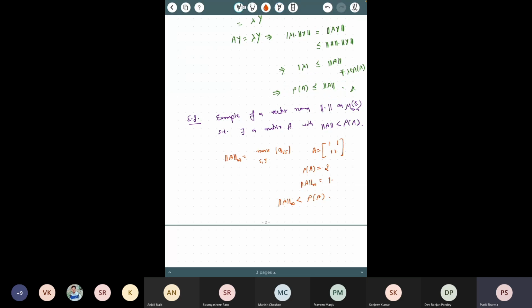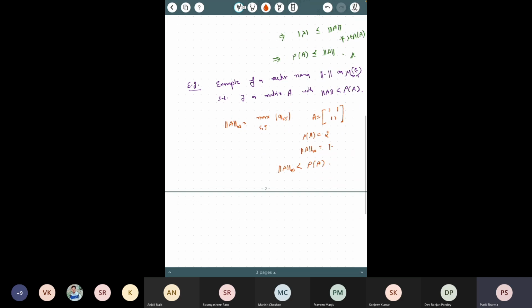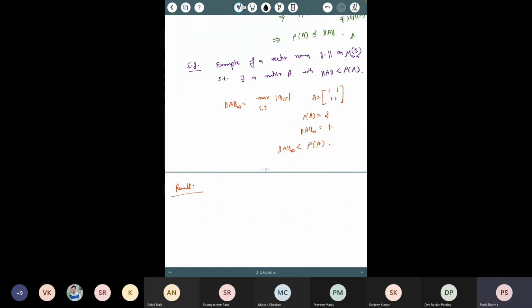So next, what I'm proving here is the following: the spectral radius of a matrix is nothing but the infimum of all these values, norm A, where this norm is a matrix norm.